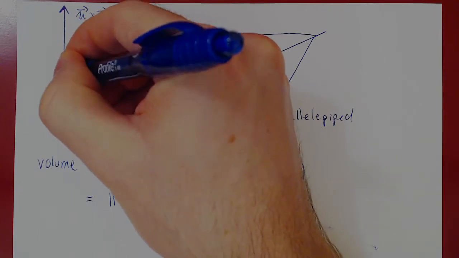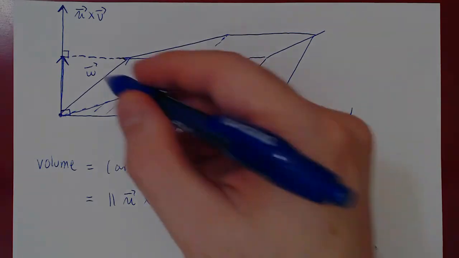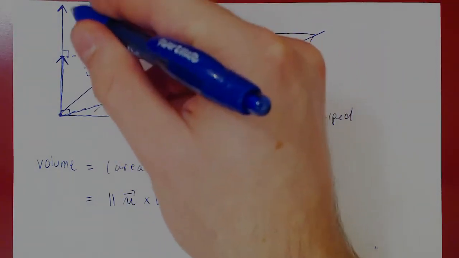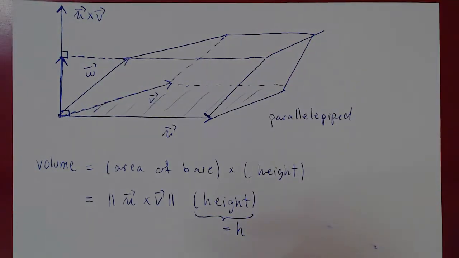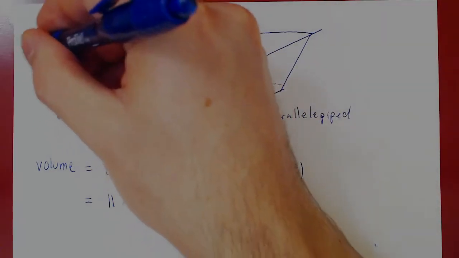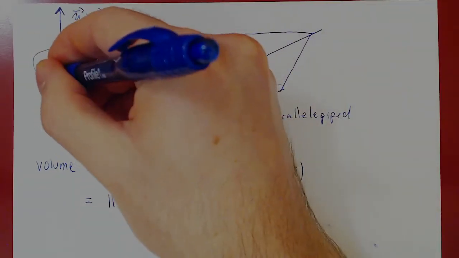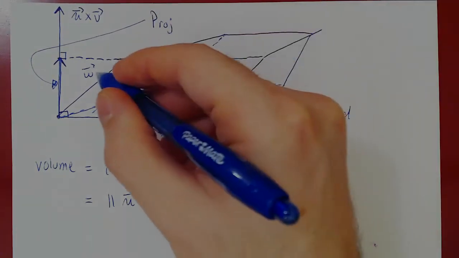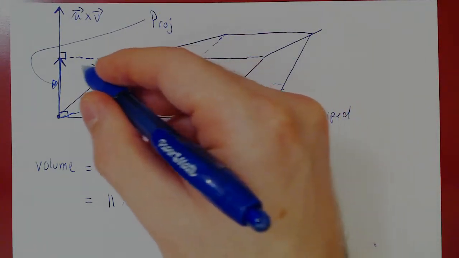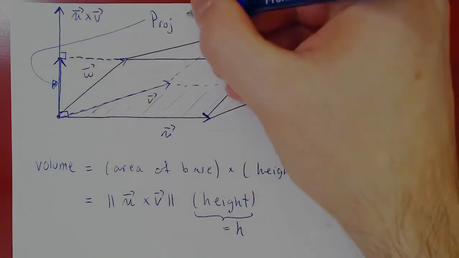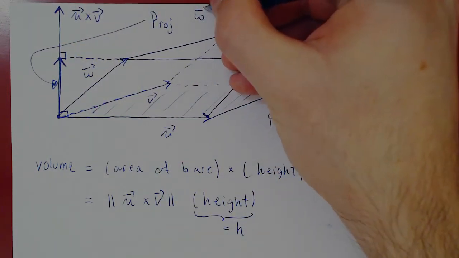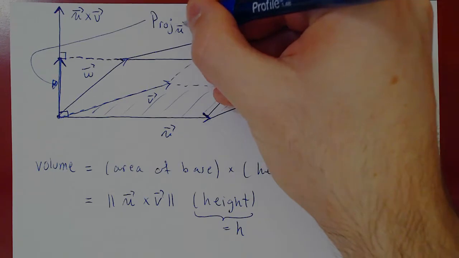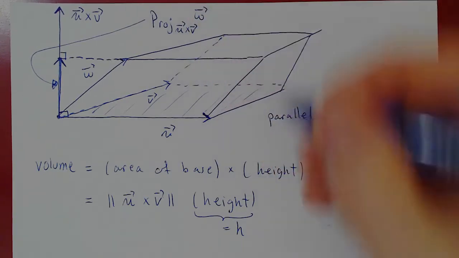You will now get this vector, and it's exactly the projection of w onto u cross v. This is the projection vector of, well, we are projecting w against u cross v. So the projection of w onto vector u crossed with v.